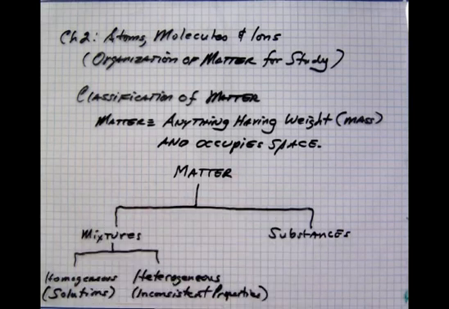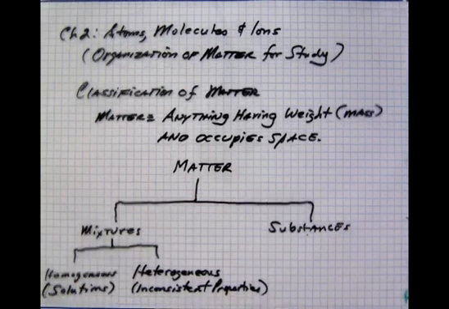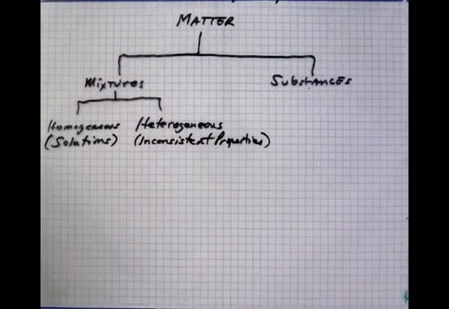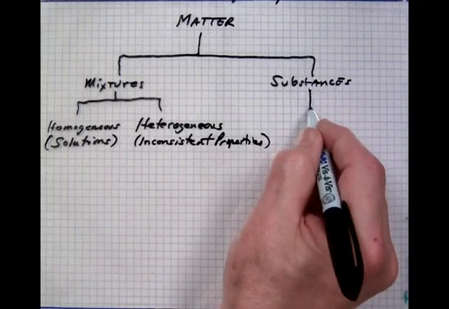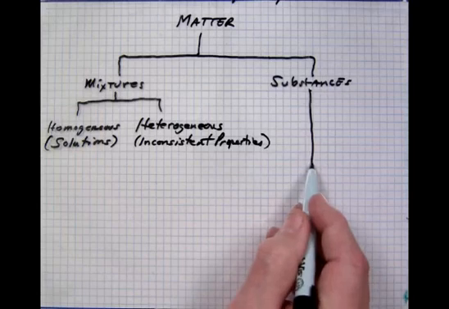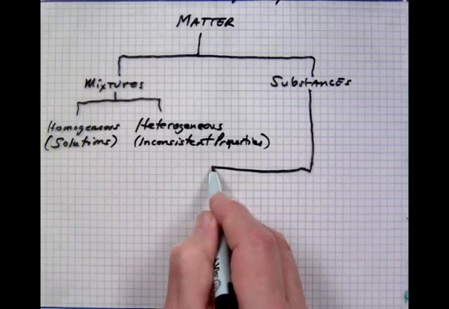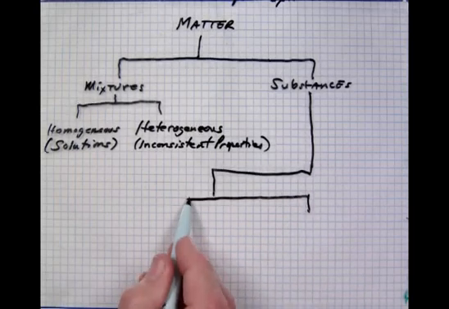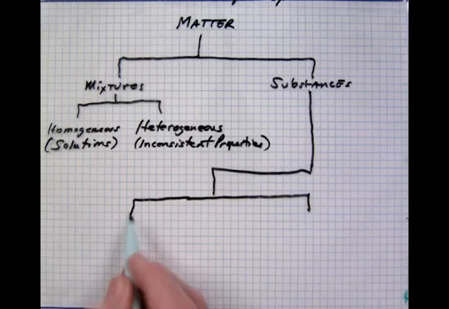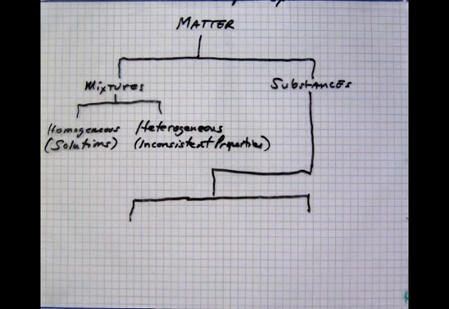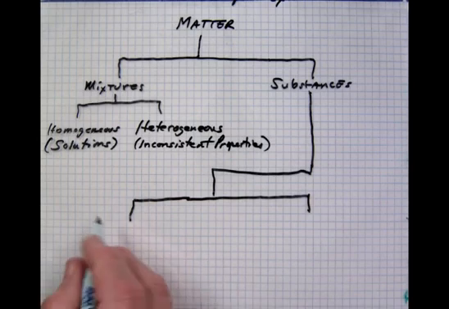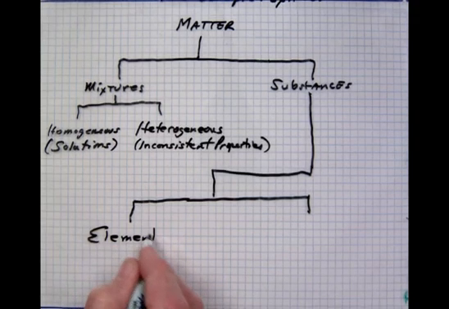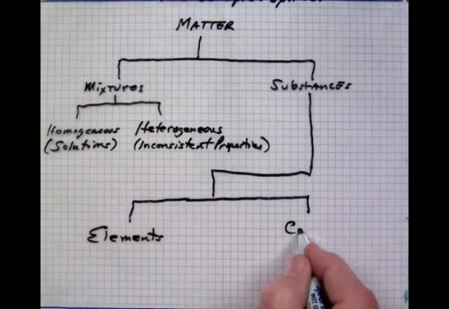So that was just the left side of matter. Now substances is the focal point of our beginning study. So we want to come down here and break that down into two specific categories: elements and compounds.